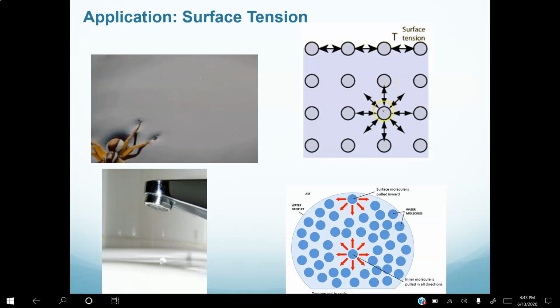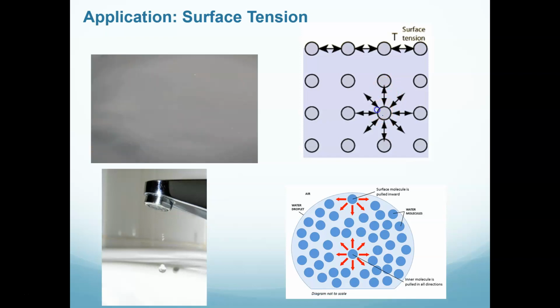If we imagine that each of these circles represents a water molecule, this water molecule can interact with all of these water molecules nearby via hydrogen bonding. But the ones on the surface are not surrounded by as many water molecules, because some is exposed to air, so they don't have as many hydrogen bonds. It compensates by pulling in these water molecules closer.